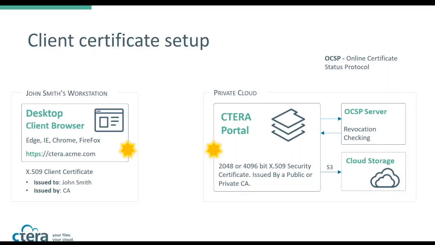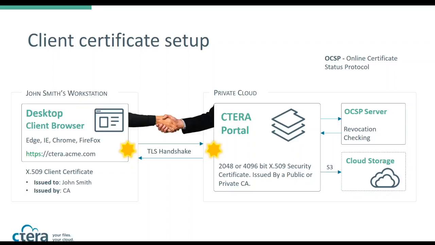We can just type in ctera.acme.com. Let's assume that's the domain that CTERA portal was set up with. And by arriving at the web page, it automatically triggers the handshake that we saw in the previous slide that will verify both the client and the server's identity. At any error in this process, the connection will of course be terminated.